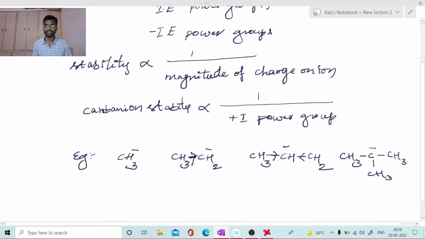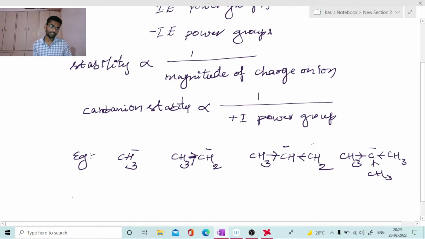Here electron density is more. Then again here three are there, so they can increase the electron density on this carbon. Hence the charge density is more for the tertiary carbanion, so the stability decreases.